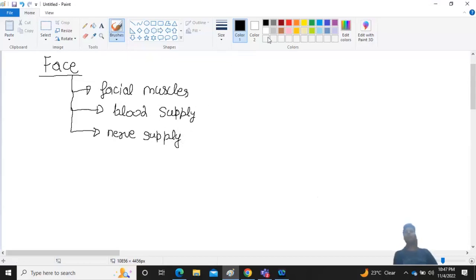In nerve supply we have two types of nerve supply, the sensory and motor. Sensory innervation and motor innervation.